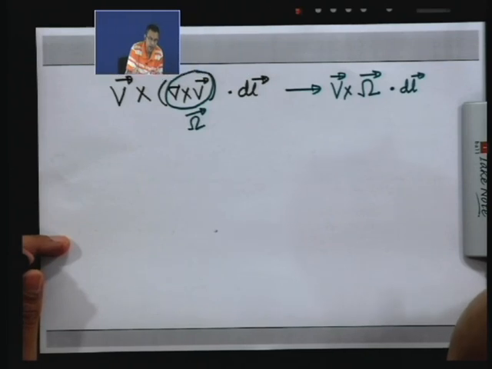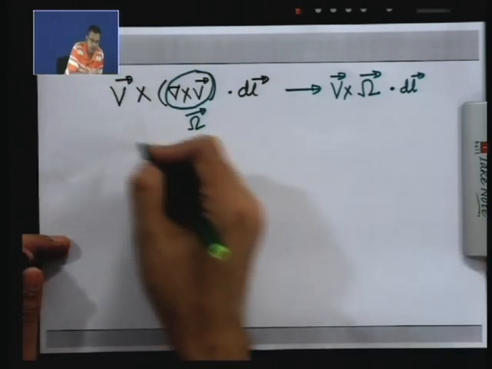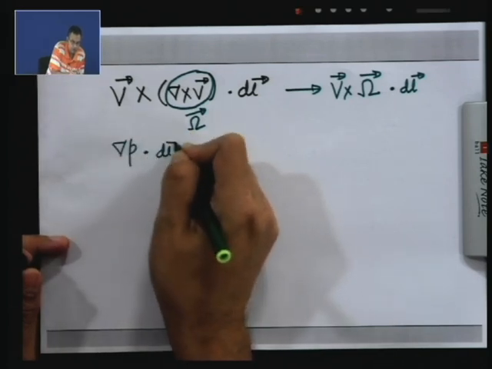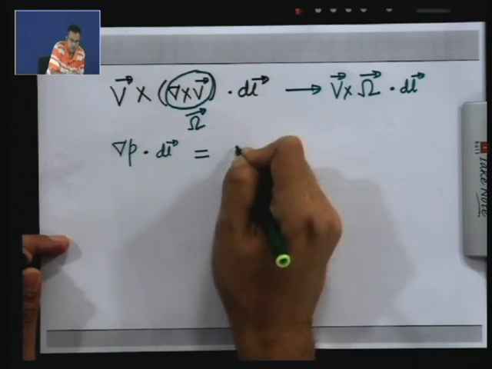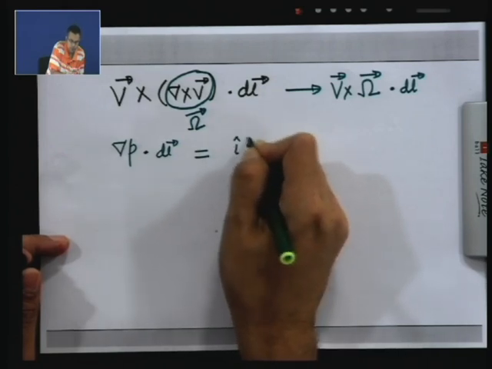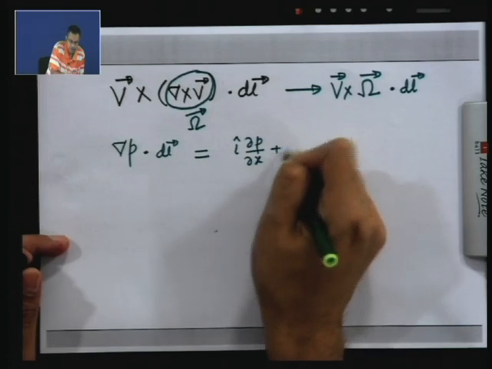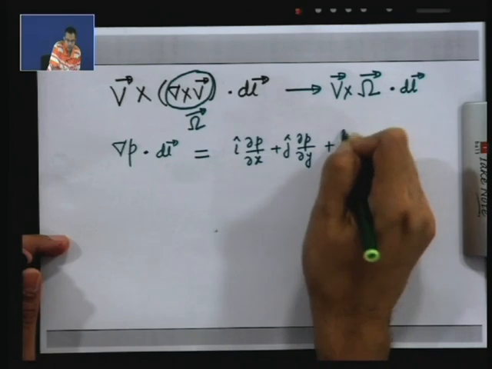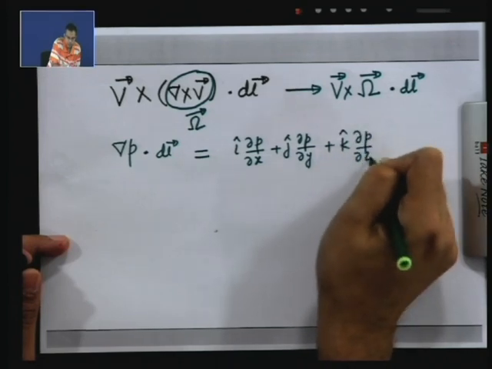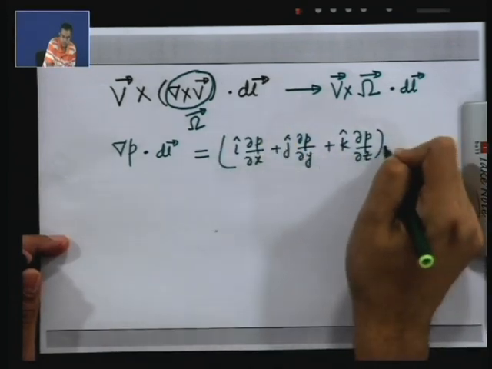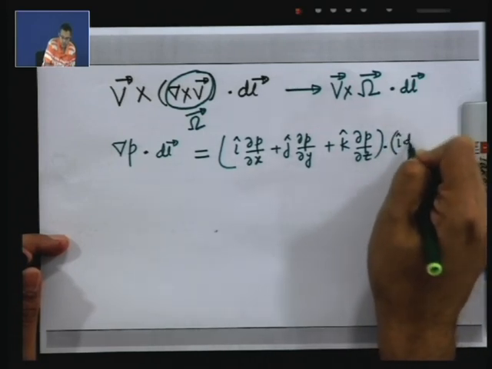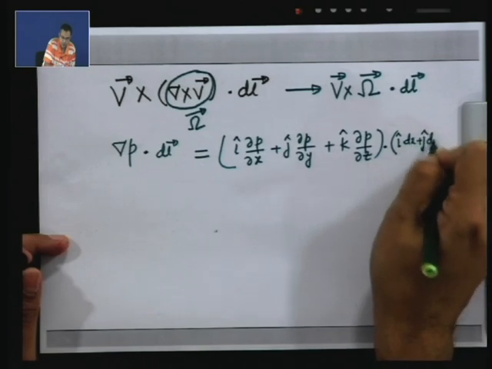In the right hand side the first term is minus of grad P. So, grad P dot dl is equal to i del P del x plus j del P del y plus k del P del z, dot i dx plus j dy plus k dz.